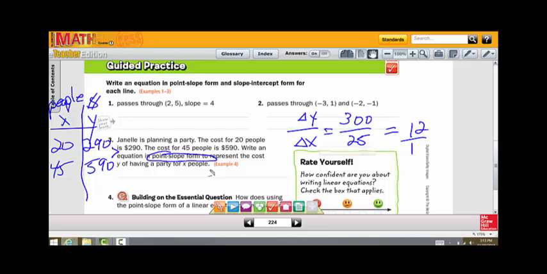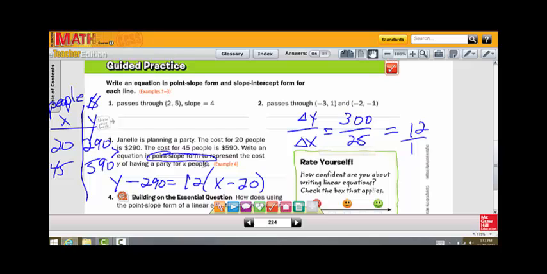So now we're going to put it in point-slope form. And again, we're going to use the first point, 20, 290. So we have y minus our y value. Right here is our y value, 290, equals our slope of 12 times the quantity x minus our x value, which was 20, so minus 20.